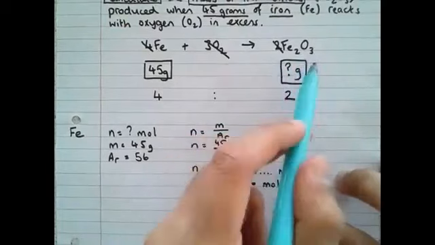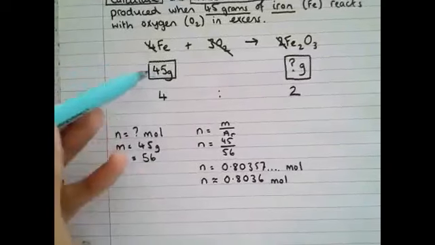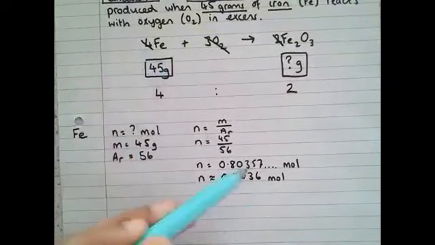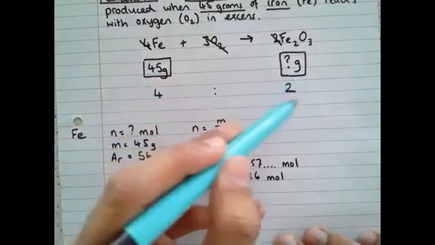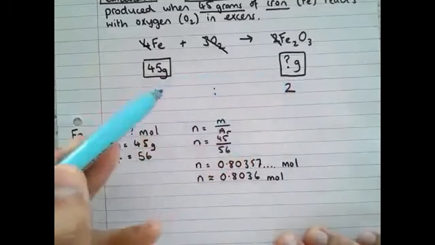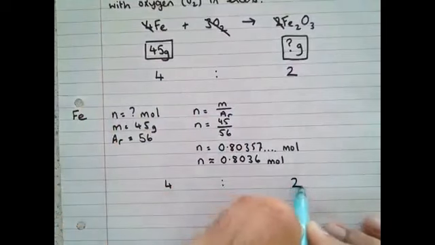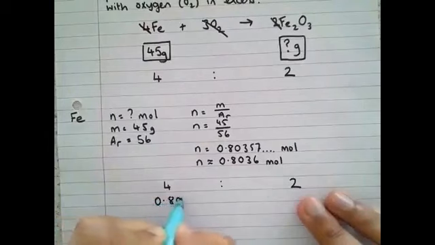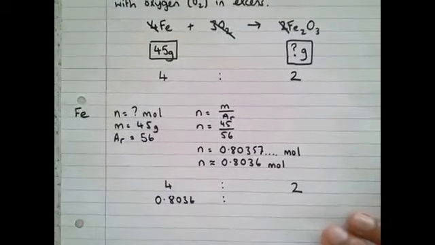So which means we are going to look for the moles that were produced of iron oxide. Okay? So we can do that here by looking at our mole ratio that we have just got, 4:2, which means that you can see that we need more iron than iron oxide according to the mole ratio. It is half. It will be 4:2, which means twice more iron is reacting in here.